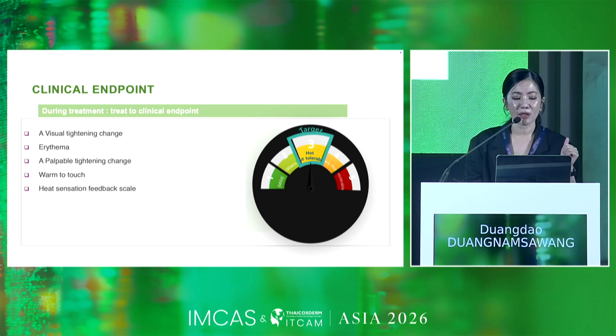And you can palpate with your finger, warm to the touch, to test the temperature, and see that there are palpable tightening changes. And the last one is hearing the feedback from the patient, their sensation feedback. The target is hot but tolerable.